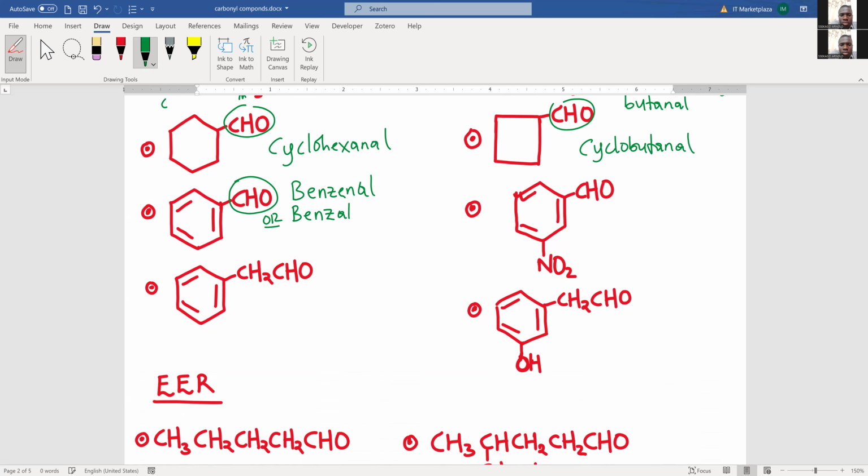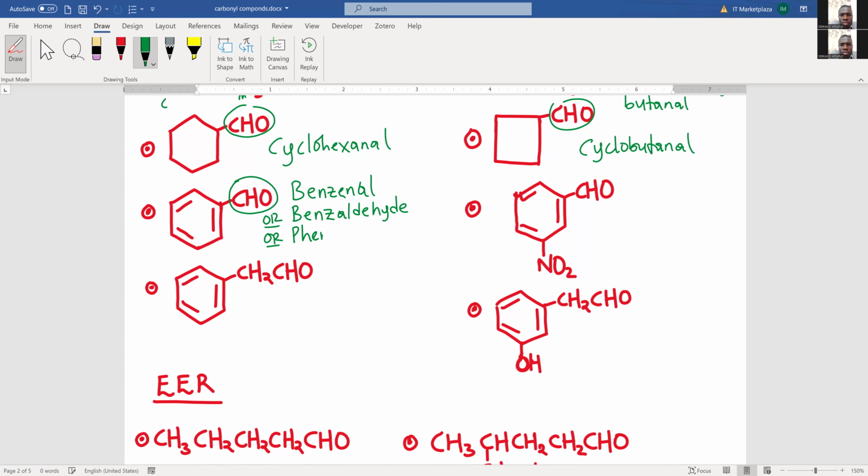So if you hear people mentioning benzaldehyde, we mean that. However, one can also call it phenyl, because benzene as a branch or as a substituent is interpreted as phenyl.